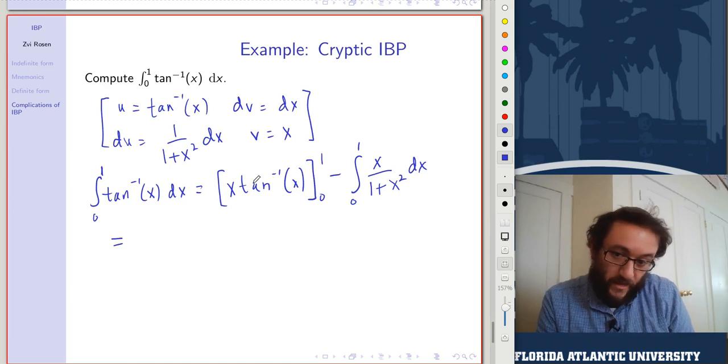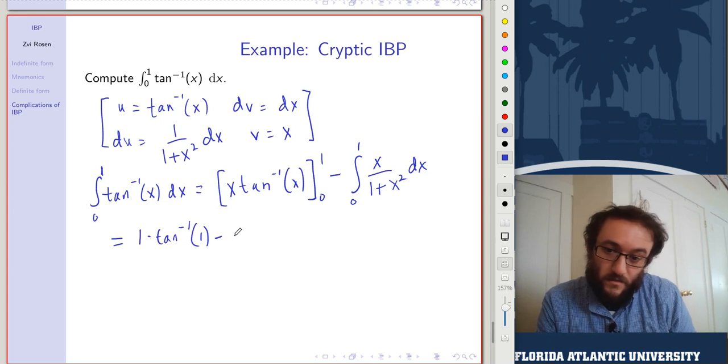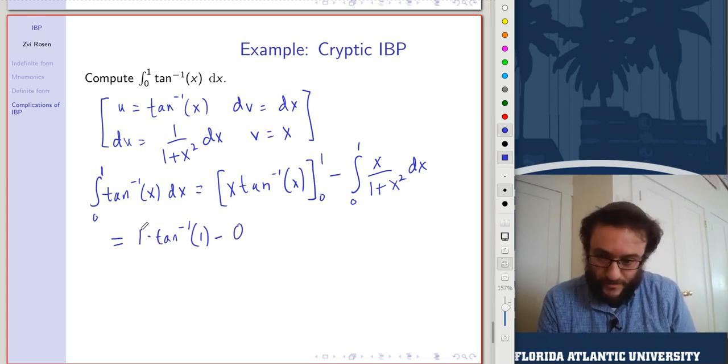Okay, so let's go ahead and evaluate. At x equals 1, x arctangent of x is 1 times arctangent of 1 minus 0 times arctangent of 0, which is also 0.